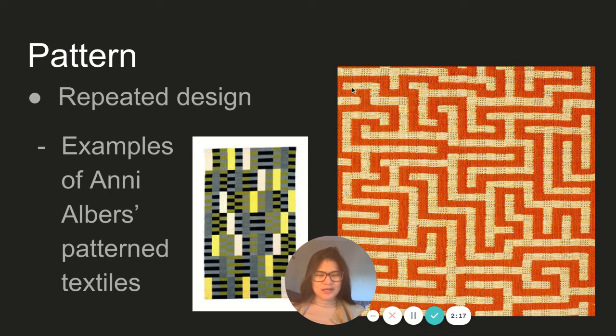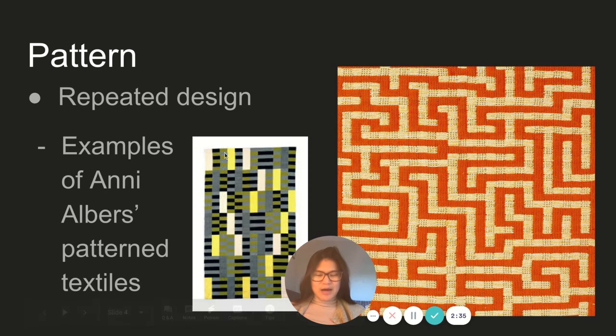So we see this kind of maze-like shape, or maybe it looks like some steps. It goes here, and then it is repeated here, the same type of shape. So you see a lot of the same shapes over and over again, and if we come over here to this example, we see a lot of stripes.